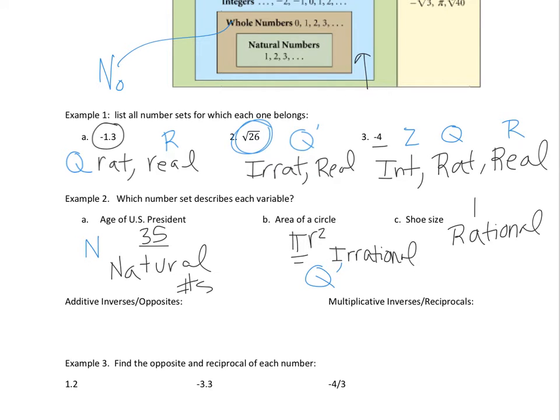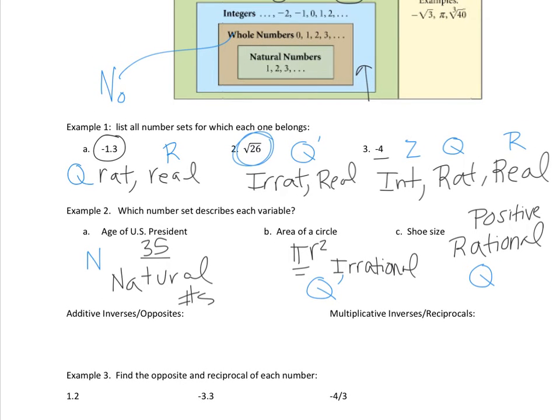And I'm actually going to specify it's positive because we can't have negative shoe sizes, but we can have shoe sizes that are fractions. So rational numbers are Q. So I'm going to do positive Q's.